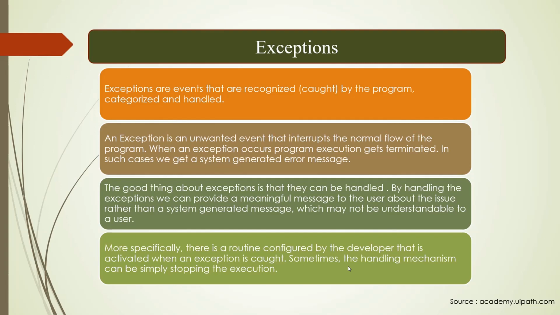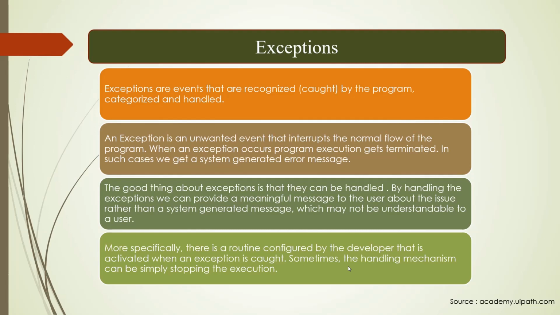So, error is something which cannot be handled. Exceptions are recognized, caught, and handled also. An exception interrupts the flow, but the good part is that it can be handled. Exception handling is something which should be applied and has to be done by every developer whenever you are writing any code or automation in UiPath Studio or any programming language.